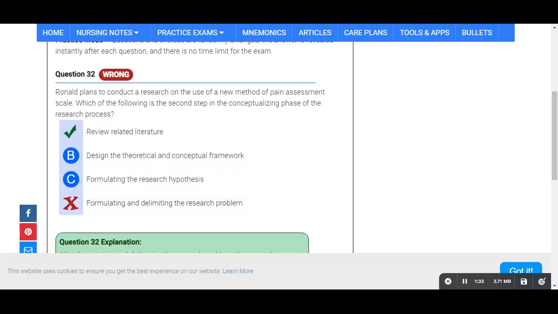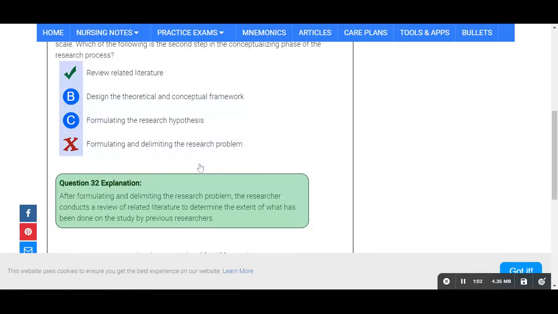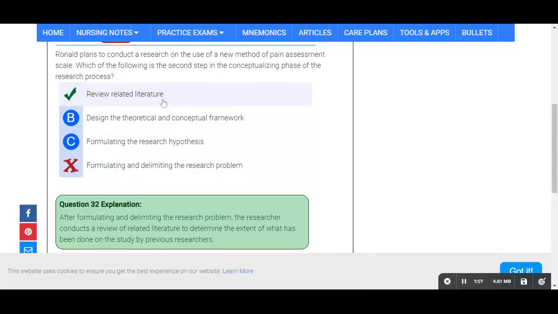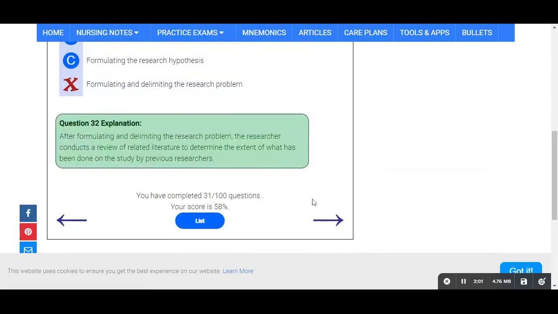The reason is that this is already a research problem because Ronald has already determined what he wanted to study. So the next step is the review of related literature, because it provides you with the overview of what has been previously studied and what areas need to be studied further.